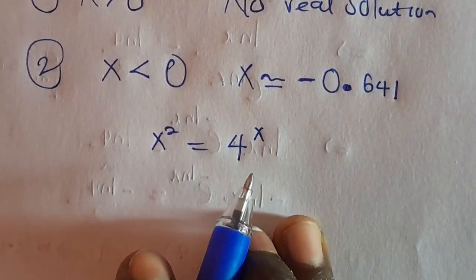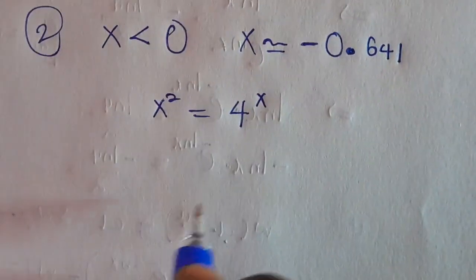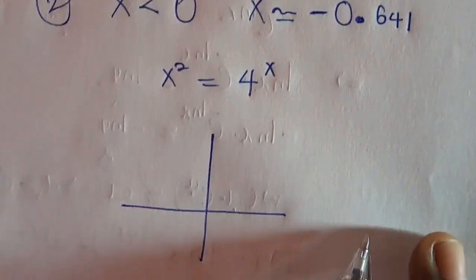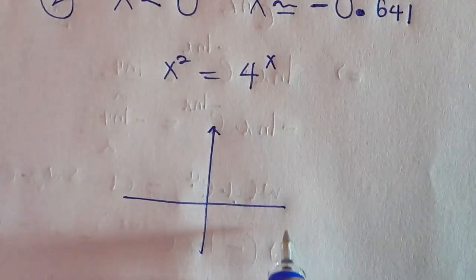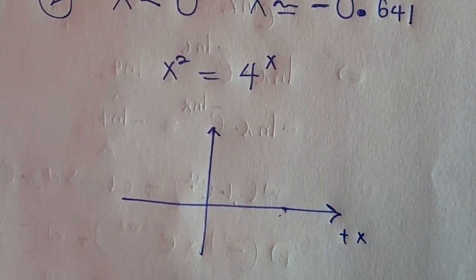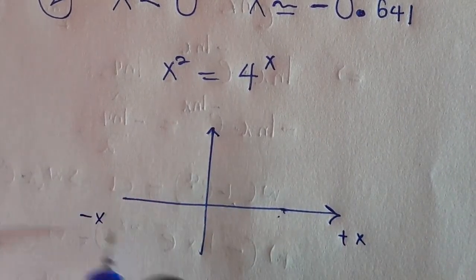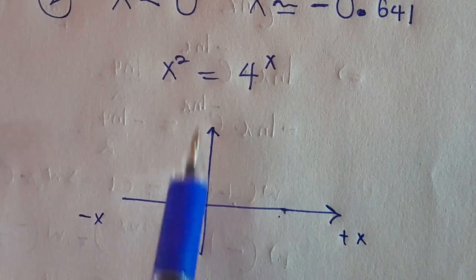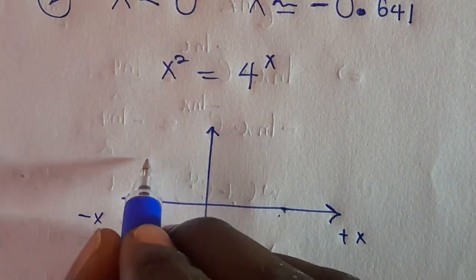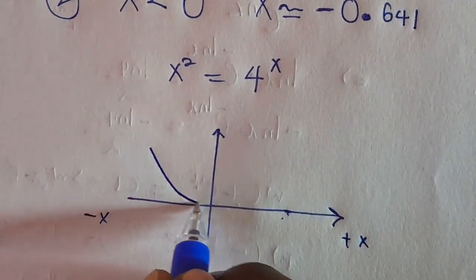Now, let's consider this graph. From here, we can see that for x squared, we have the graph of x squared to be like this.